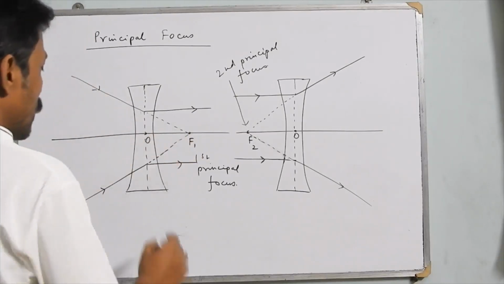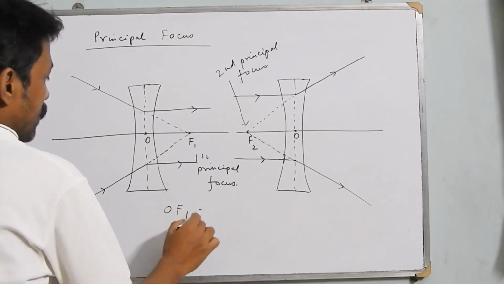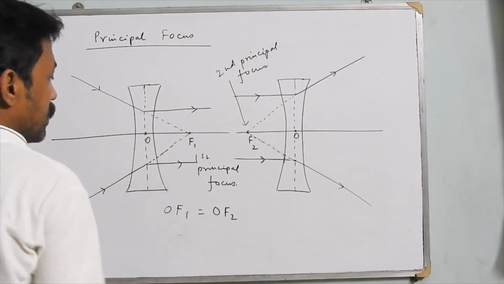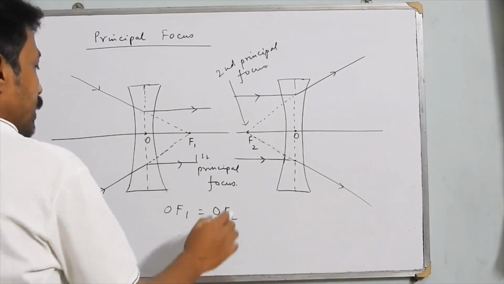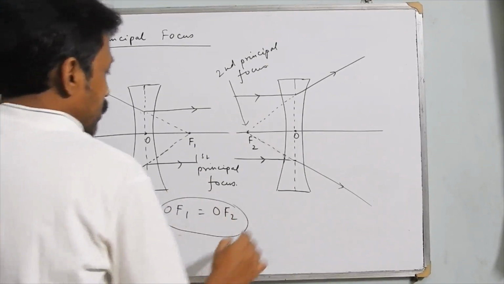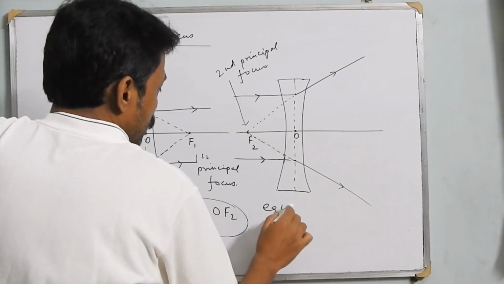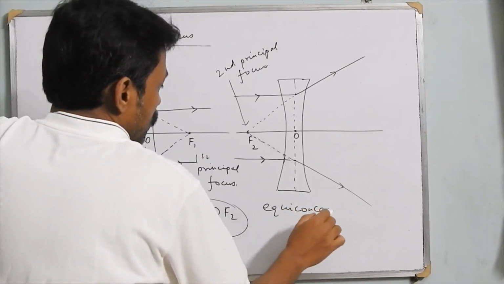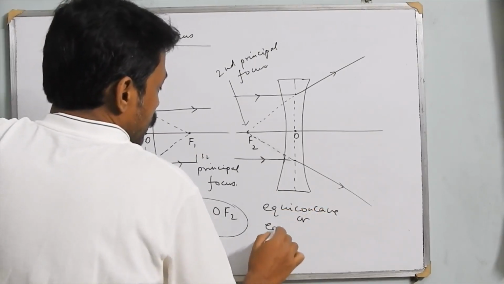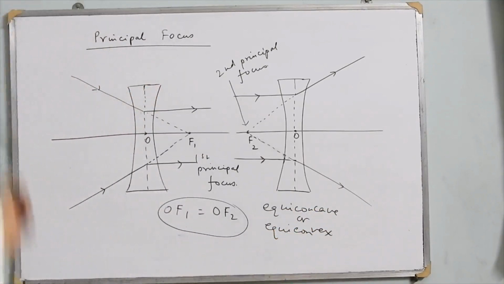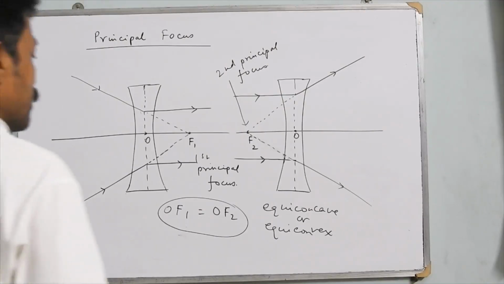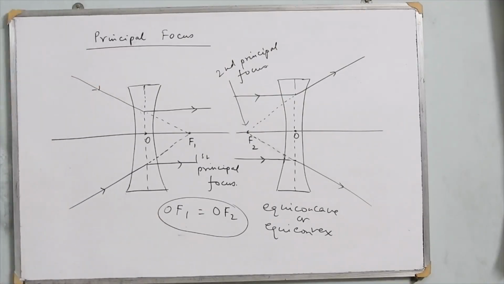So this OF1 is equal to OF2. If it happens for any convex or concave lens, then the particular lens is called equiconcave or equiconvex. It is not necessarily equal, but if it happens, it is called an equiconcave or equiconvex lens.